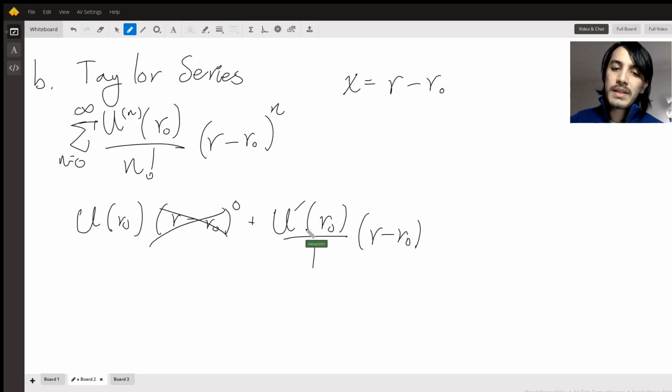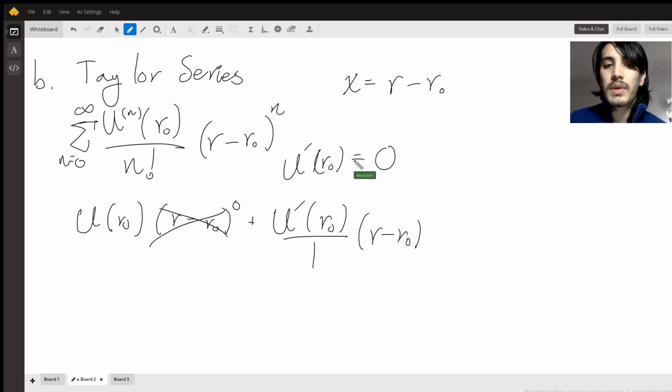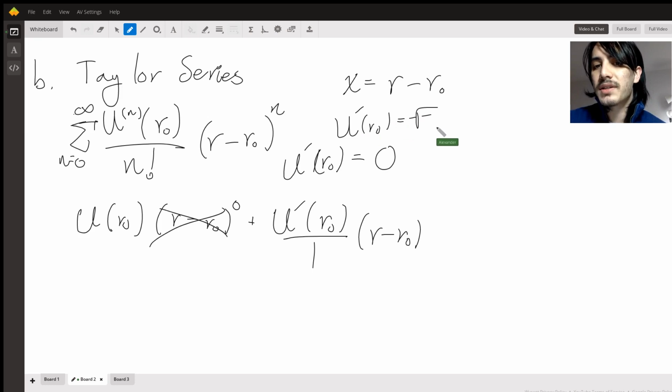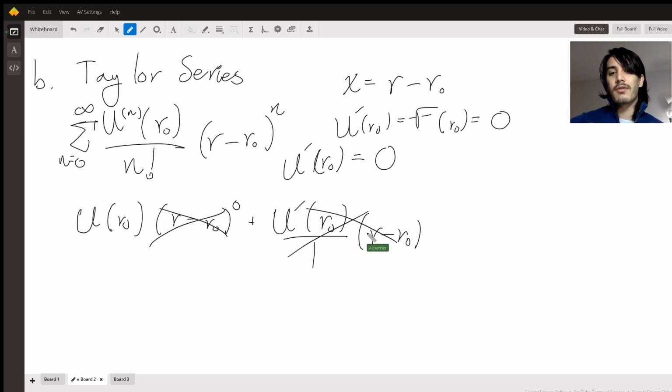But then we know that u prime of r naught is going to be equal to 0, because u prime of r naught is just equal to the negative force at r naught. But the force at r naught is equal to 0 because that's our equilibrium position. That's specifically what we solved for earlier. So this term is just 0, so we could ignore it.